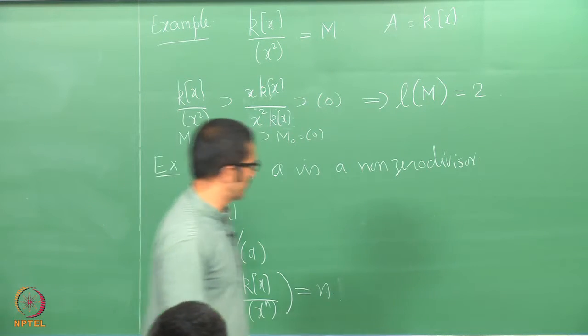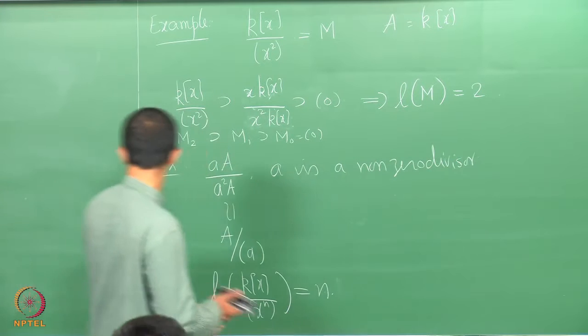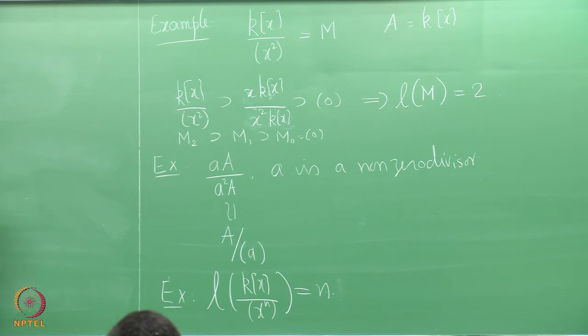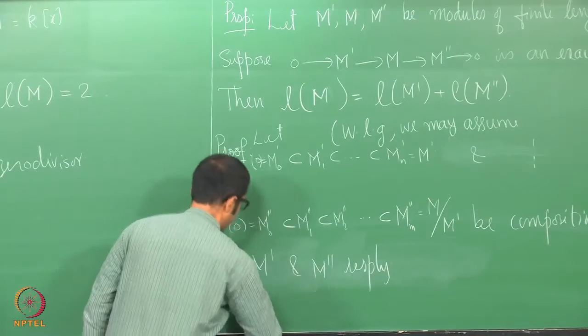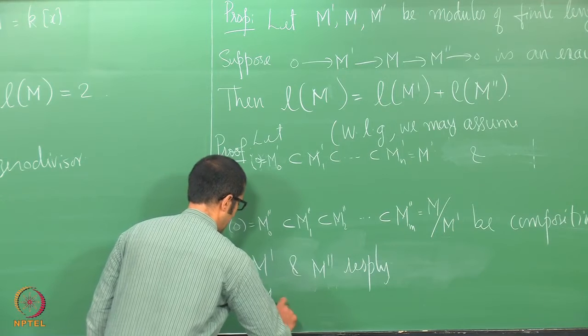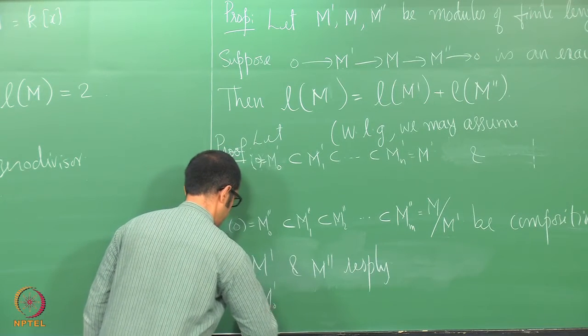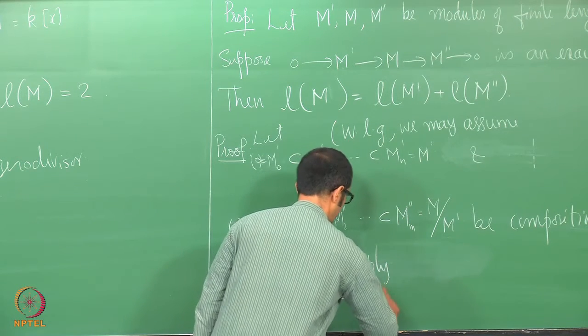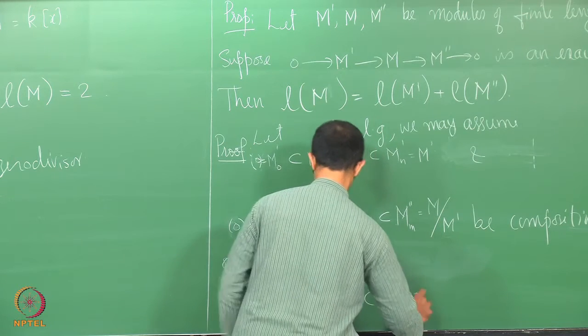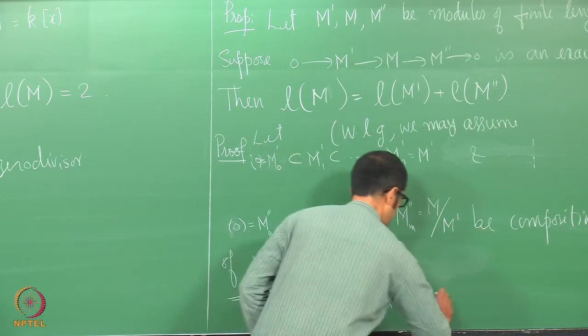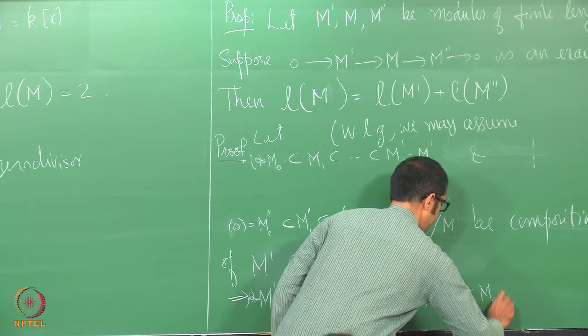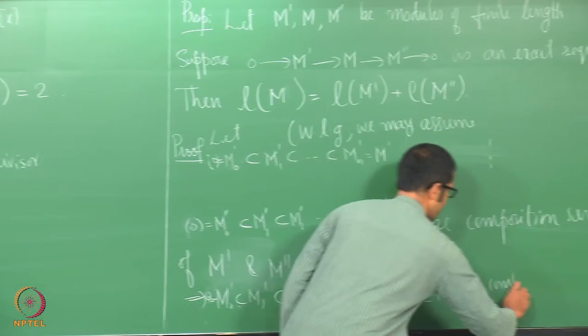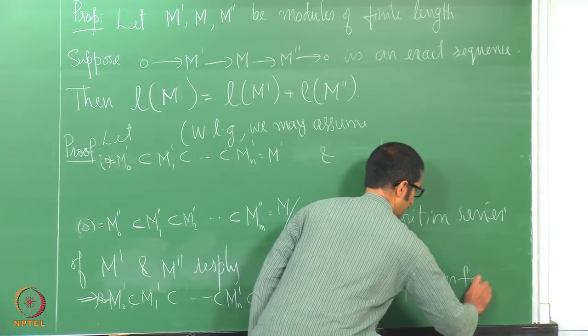Okay, fine. Then this will be M naught prime, which is 0, contained in M1 prime contained in up to Mn prime, contained in M1, up to Mm, is a composition series for M, and that gives the result.